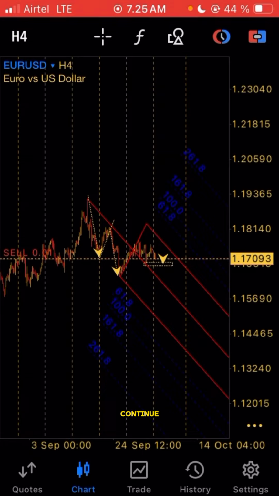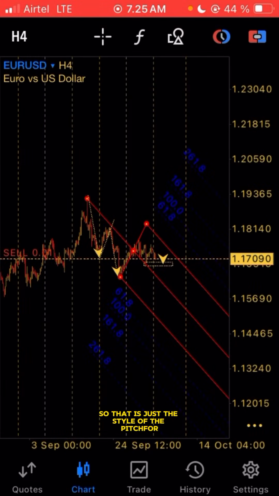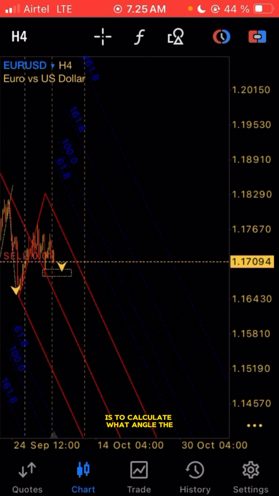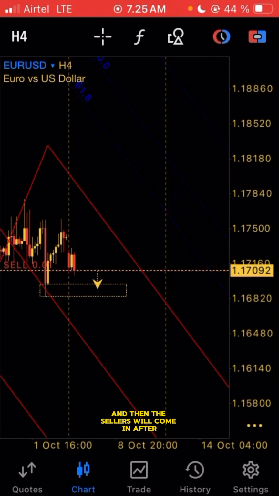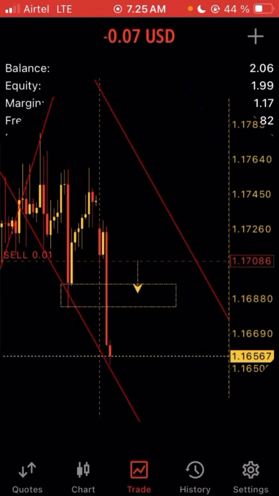Continue selling after the buy has been accomplished. So that is just the style of the pitchfork, to calculate what angle the buyers are going to target, and then the sellers will come in after the buyers are through with buying.